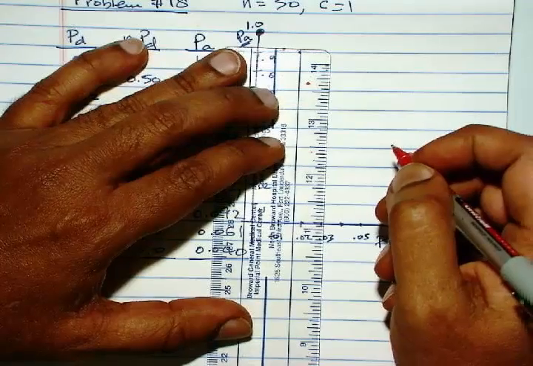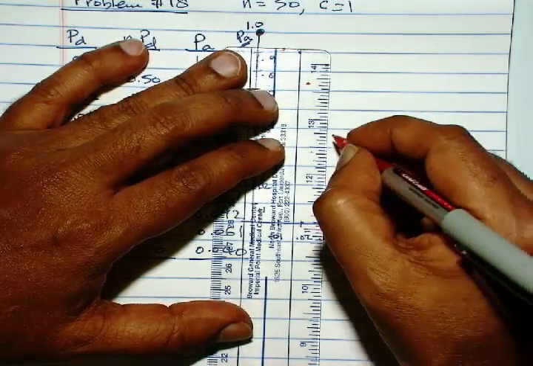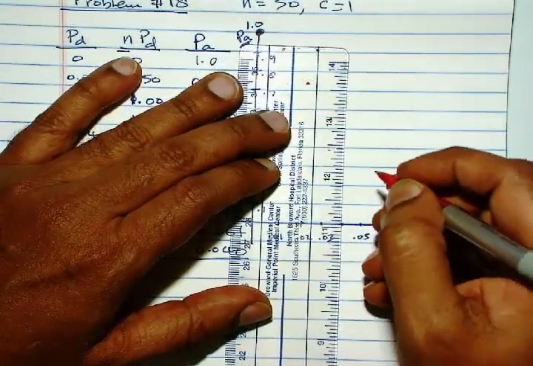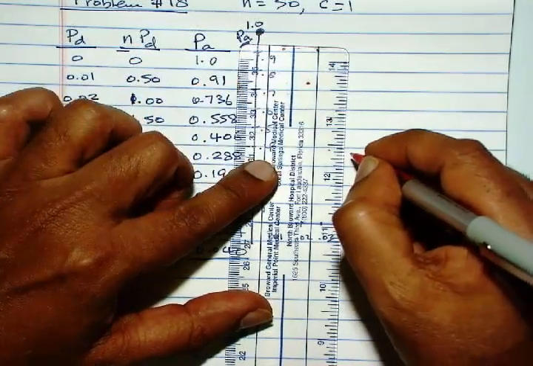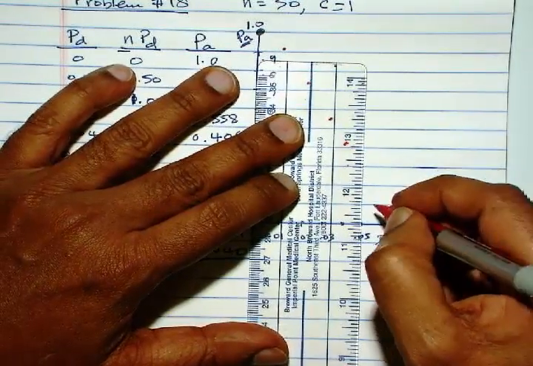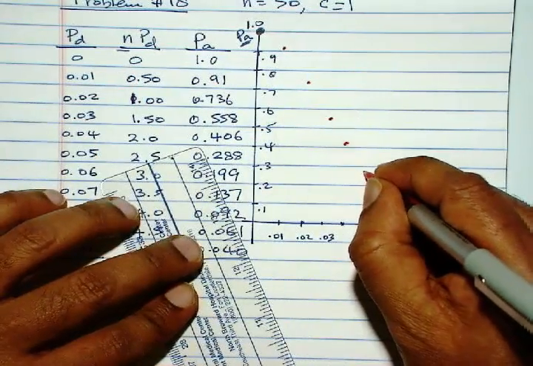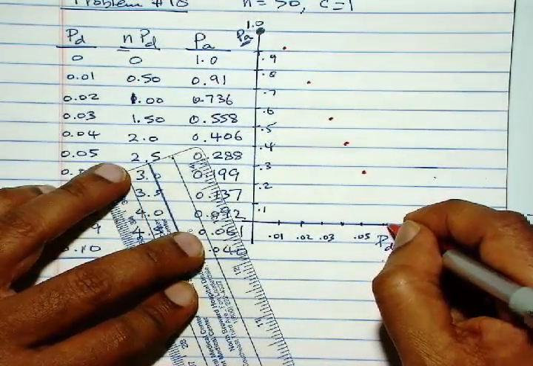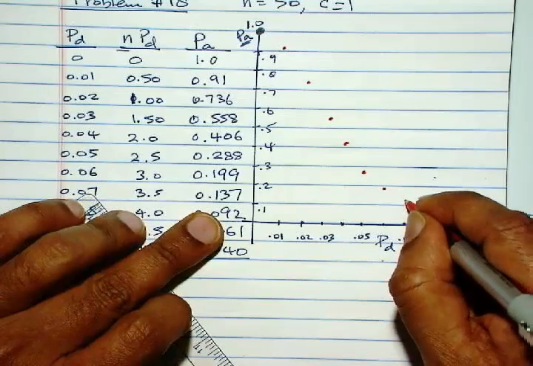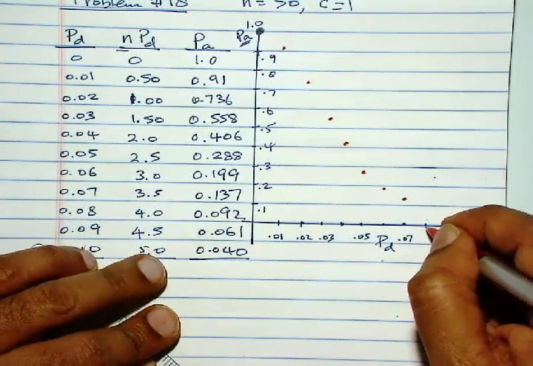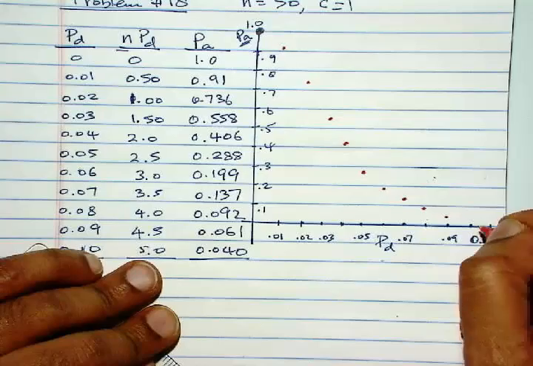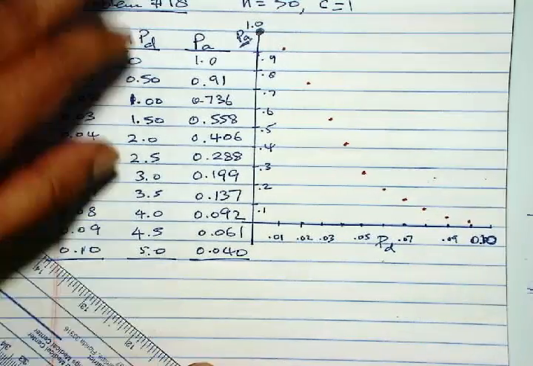For 3% it is 0.558, about there. For 4% it's 0.406, about there. 5% is 0.288. 6% is 0.199. 7% is 0.137. 8% is 0.092. 9% is 0.061 and 0.040.